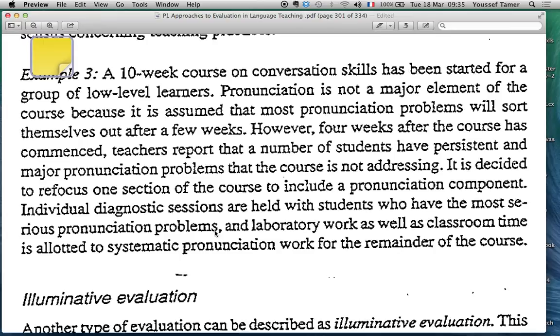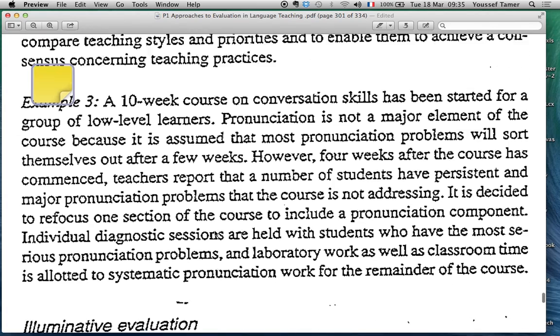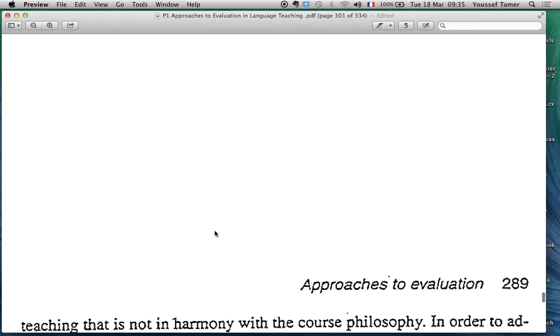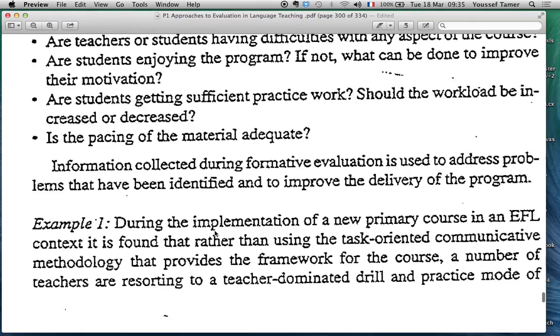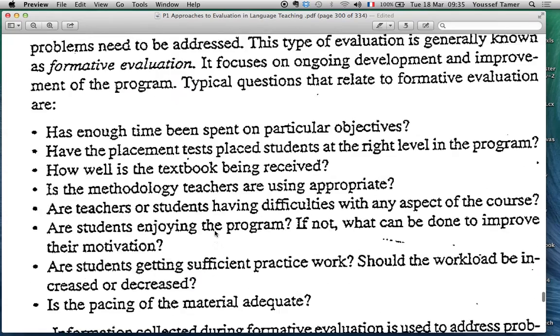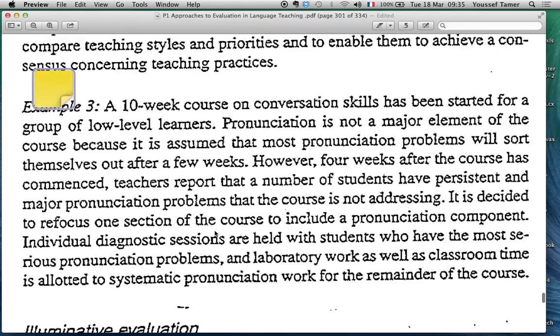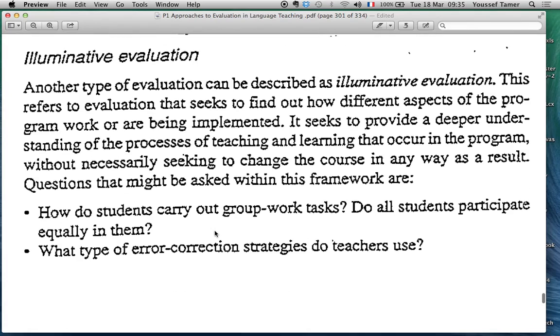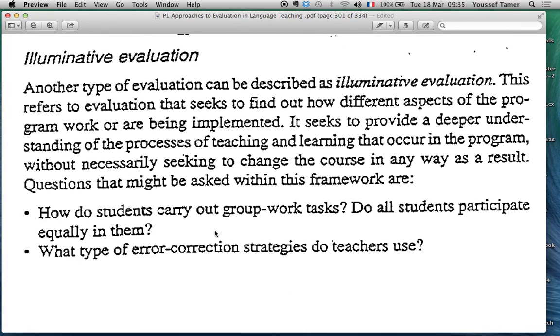Okay, thank you. Now, if you just refer back to the title here, we have formative evaluation, and now eliminative evaluation.